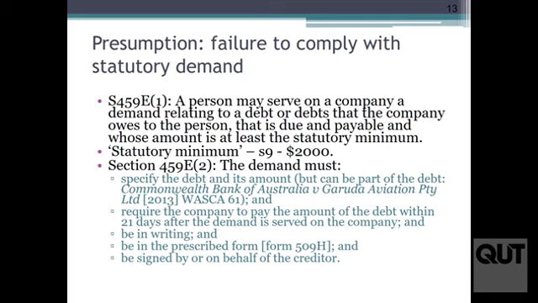Keep at the centre of your mind that here an outsider creditor is seeking to establish that a company is insolvent for the purposes of applying to the court to have the company wound up in insolvency.